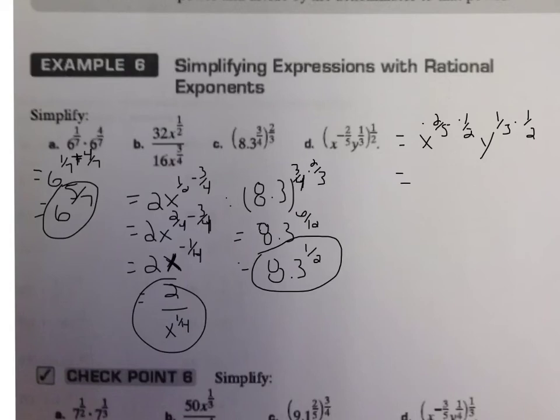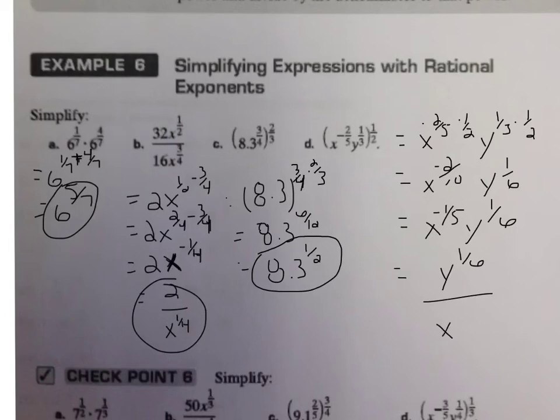If we multiply those, we get x to the negative 2/10, y to the 1/6. 2/10 is really 1/5, so x to the negative 1/5, y to the 1/6. We don't want to leave the negative 1/5 there, so we're going to move that x down below the y and make it positive 1/5. So y to the 1/6 divided by x to the 1/5. That's your answer for D.